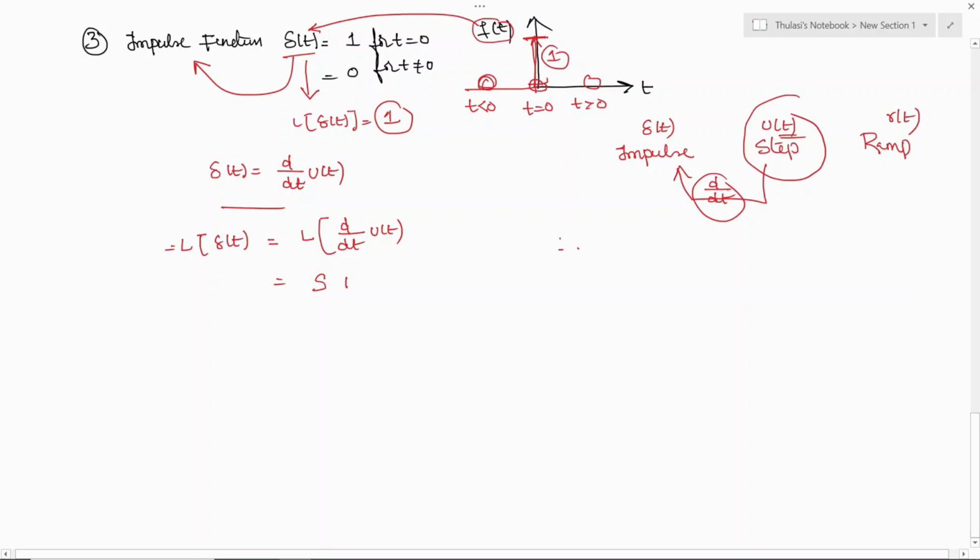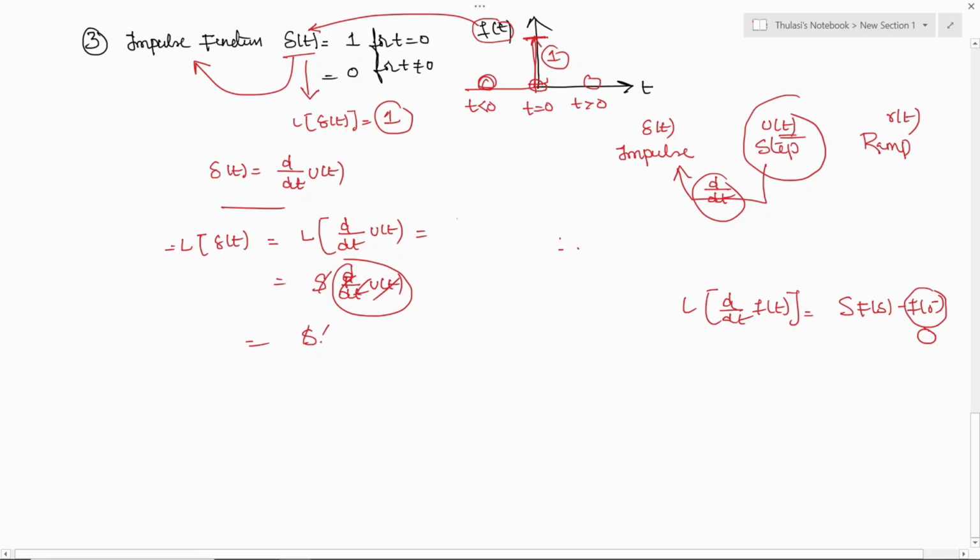Sorry, small correction: this is Laplace of d by dt of f of t, and we are going to get it as s into F of s minus f of 0 minus. Actually, the value at time t equal to infinity we will consider as 0.